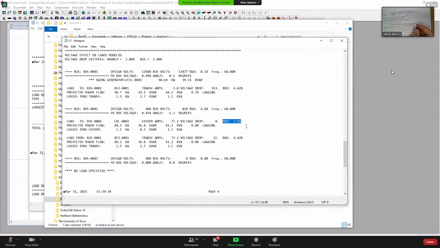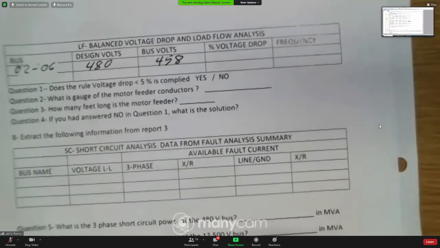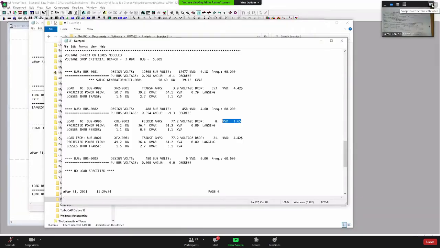The bus volt is 458. We can see that there. The voltage drop is 4.6. That's high, isn't it?